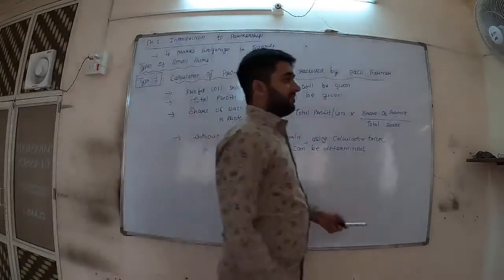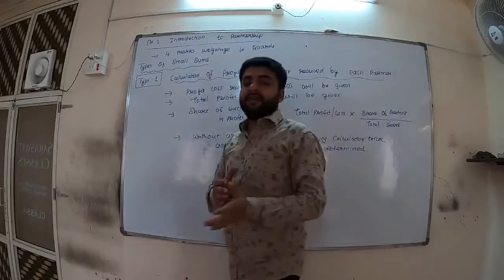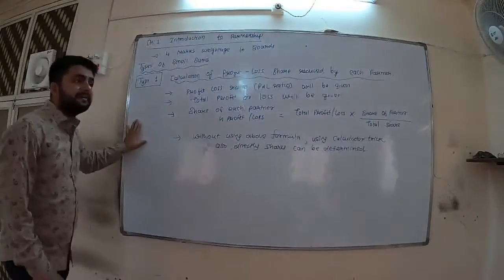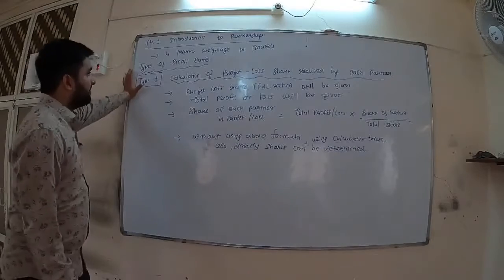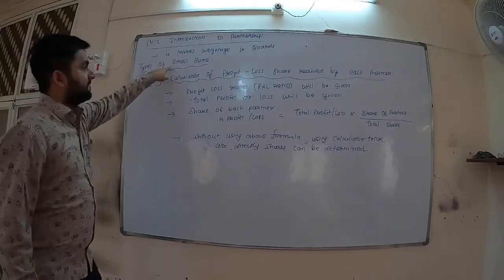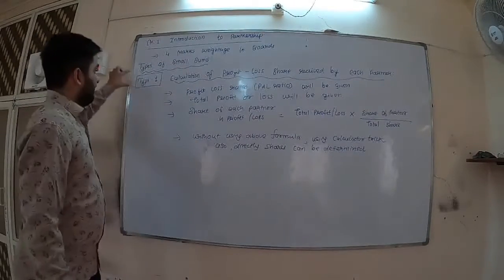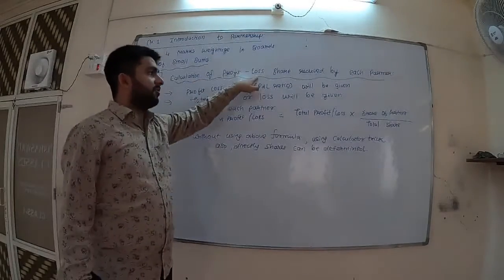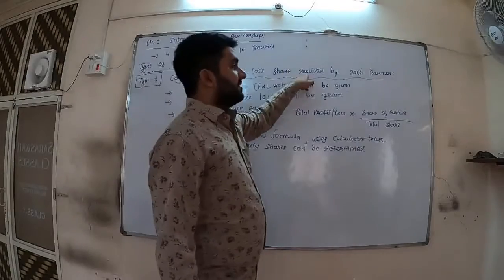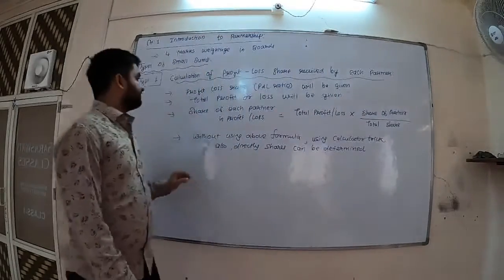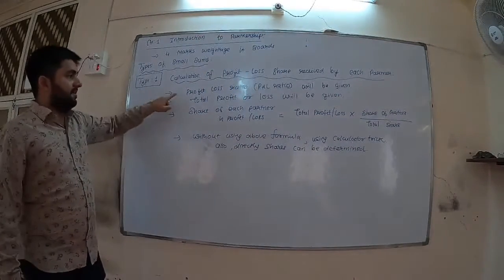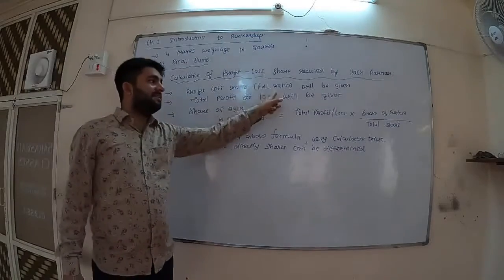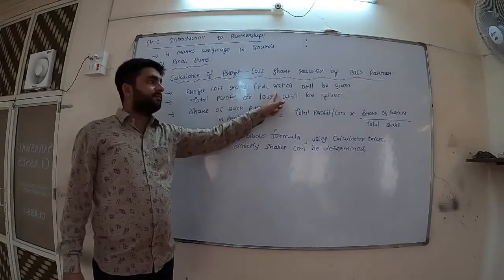Now we will solve the sum, but first I will dictate for everyone. You have to write this in your notebook. I am dictating types of small sums. Type 1, calculation of profit or loss share received by each partner. First point, profit loss ratio, that is P&L ratio, will be given.